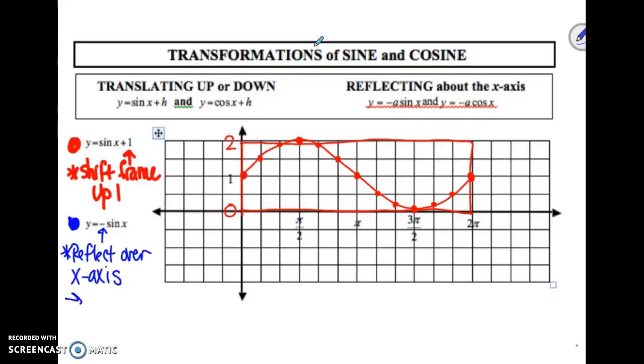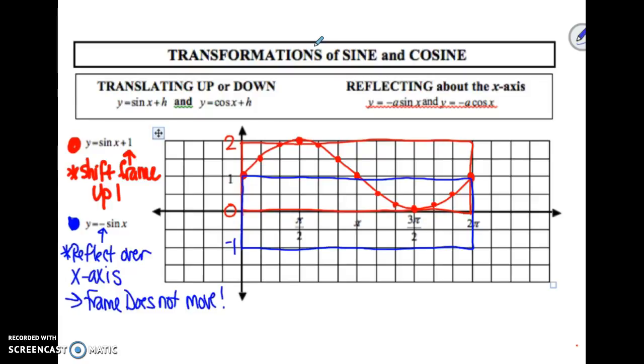But I want to make it clear, I'm not doing any shifting. So my frame does not move. My picture frame remains the same as the parent graph. So my picture frame is going to be from positive 1 to negative 1 and from 0 to 2 pi. So there's my picture frame for y equals negative sine of x.